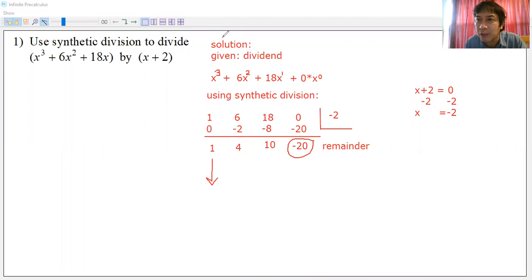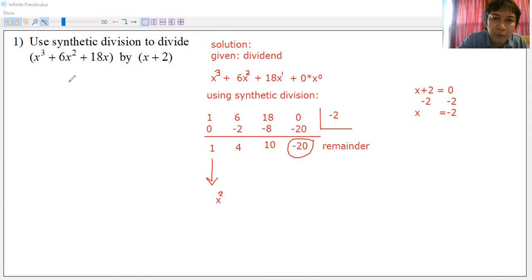It will now be x squared. So our quotient starts with x squared, with a coefficient of 1.